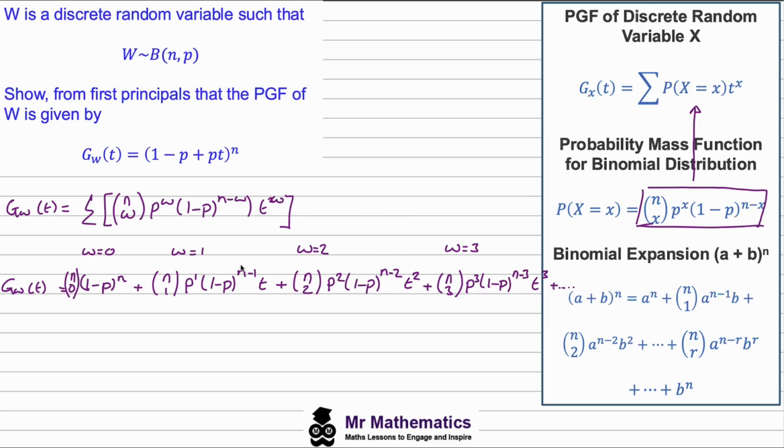So what we can do here, because we've got p squared and t squared, p cubed and t cubed, is tidy this up.